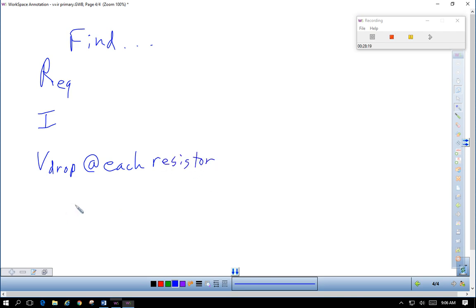And then you're going to find the power used at each resistor. All right, and you'll work through that just like we did in the examples.